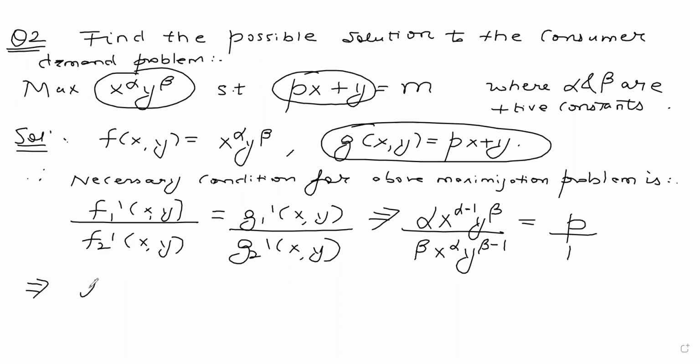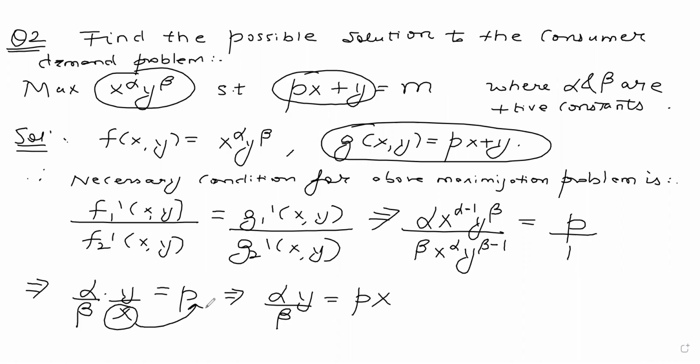So this implies alpha by beta times y by x is equal to p. Okay, so I can write this implies alpha y by beta is equal to px, taking x to the right hand side.